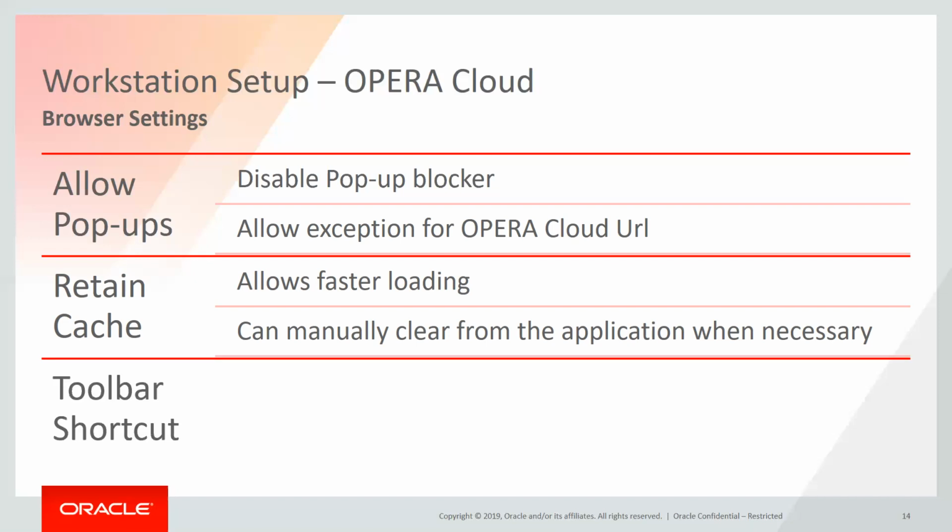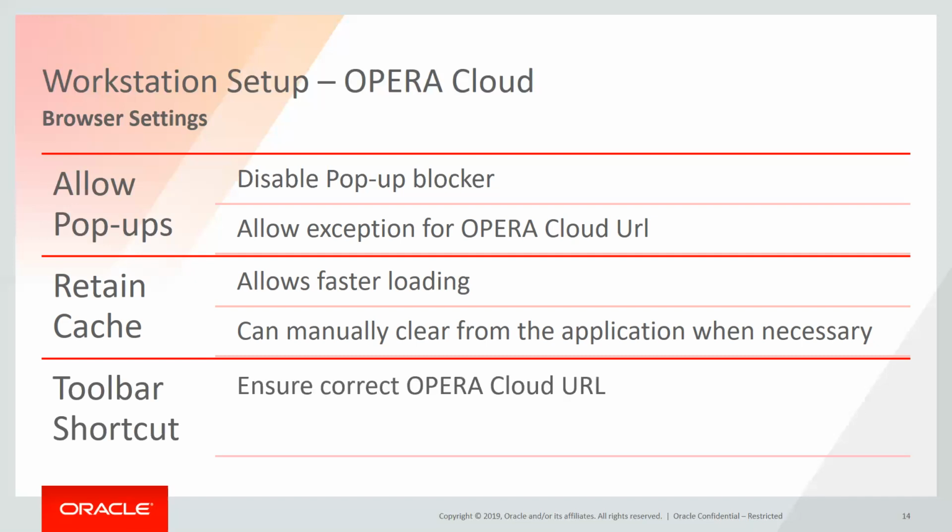Finally, when saving the Opera Cloud bookmark or shortcut in your browser, ensure it's pointed at the correct Opera Cloud URL. This is the official URL without any extensions at the end, so just ending in .com. Users will log in, then save or bookmark the page after logging in, and by doing so, they are actually saving a link which they were redirected through during their login process.